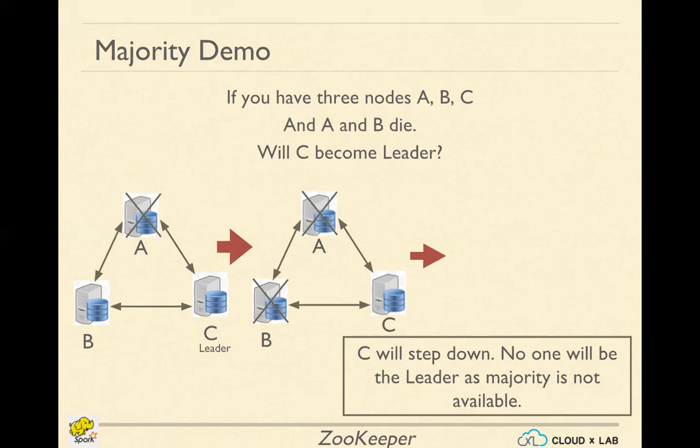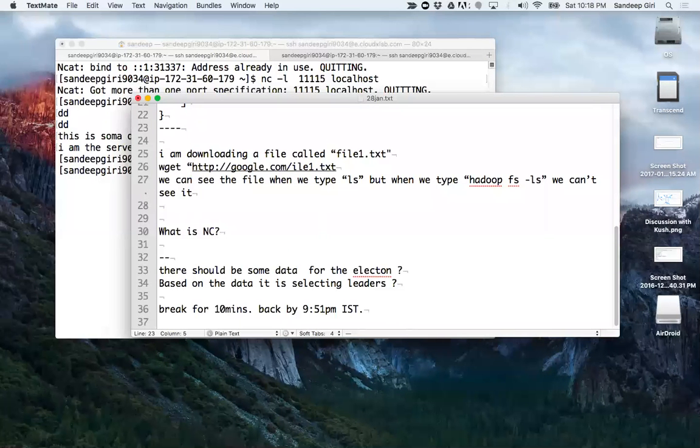All right. If we have 10 machines, 5 of them are dead, and 5 are active, will somebody be the leader? Same question, but with 10 nodes, out of which 5 have died.